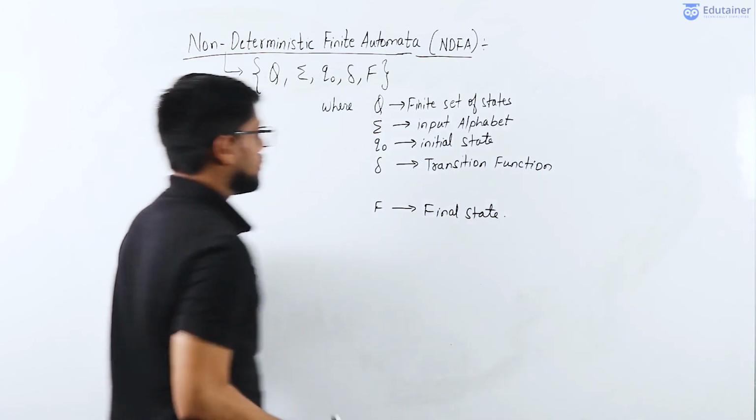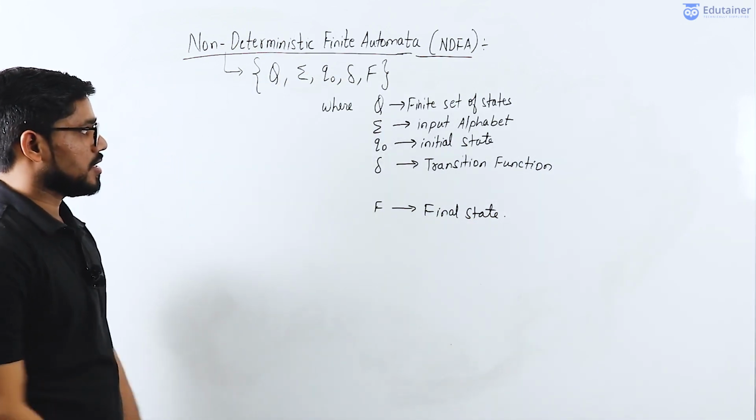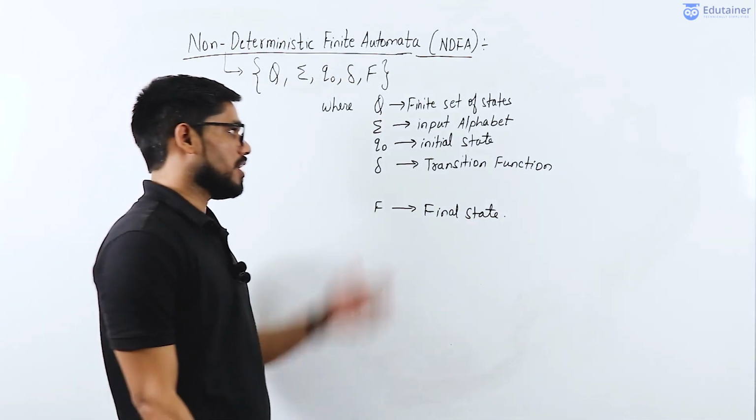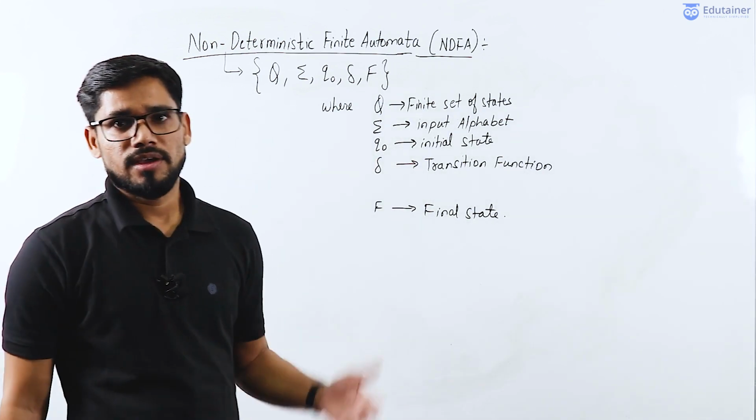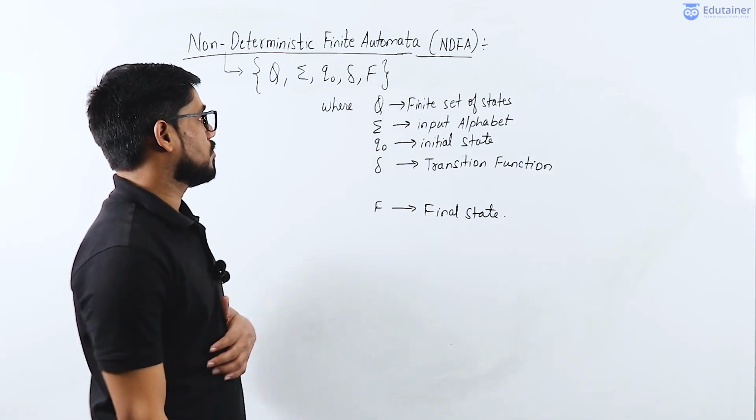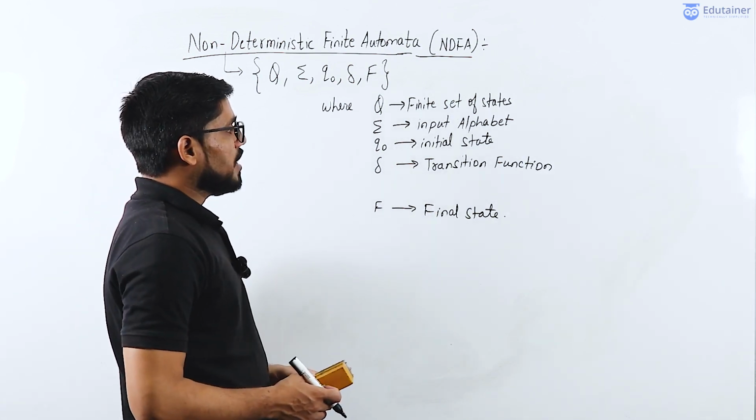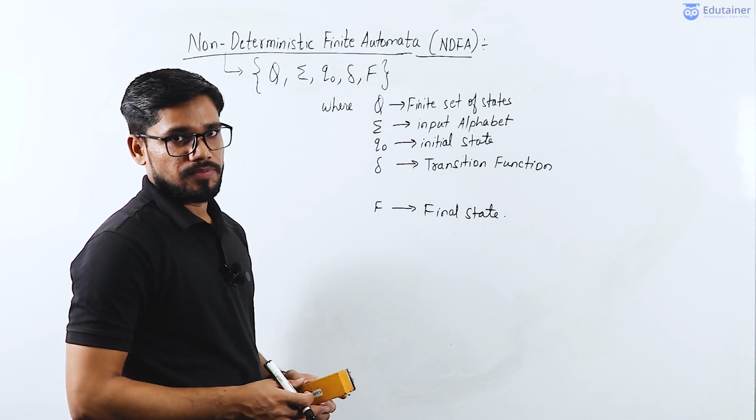If we get the same number of tuples and the same tuples in the non-deterministic finite automata, then what is the difference between DFA and NDFA in theory? The main difference is the transition function.